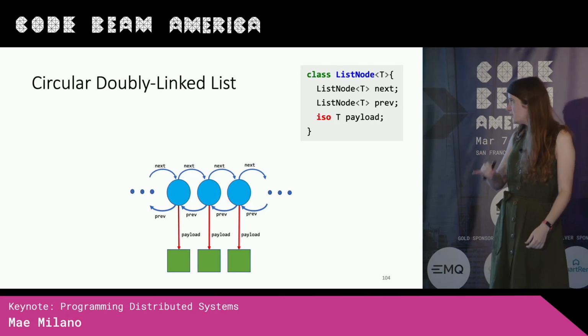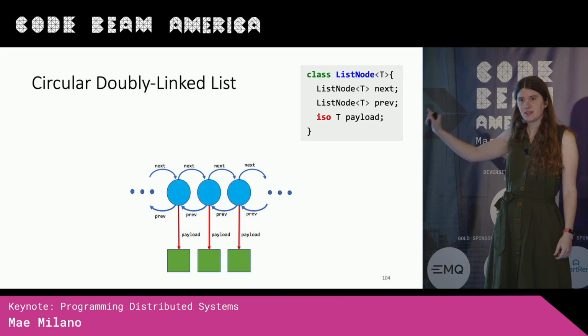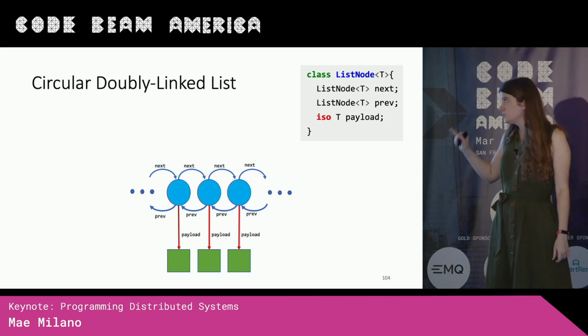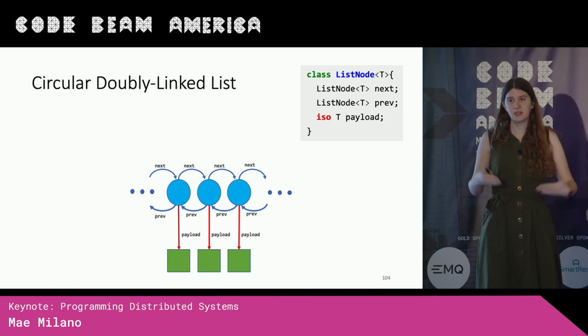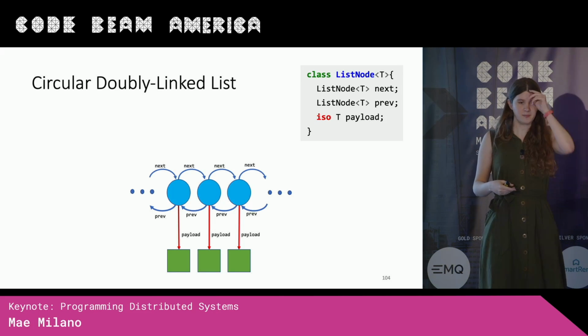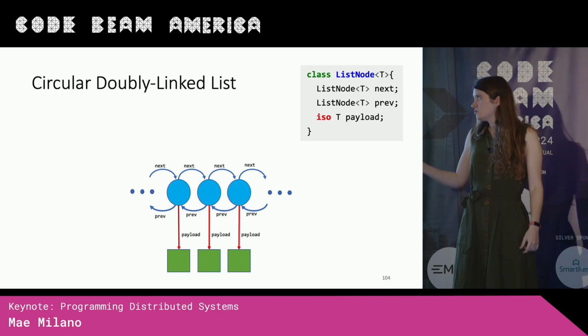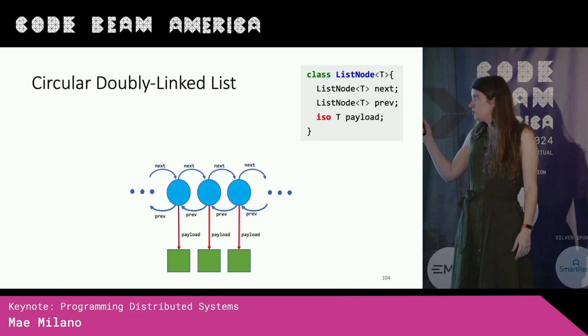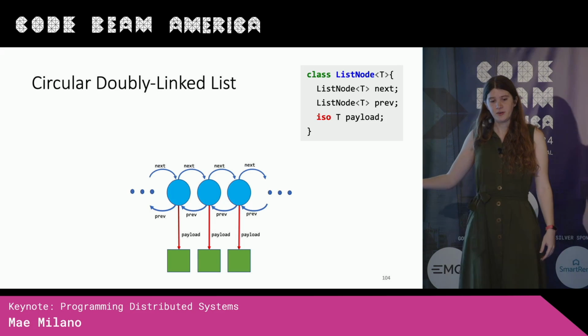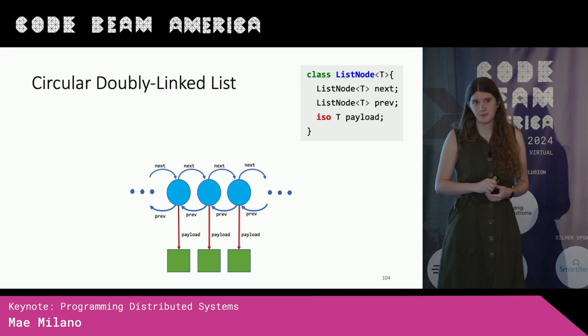And this individual payload has the one keyword on it, this iso keyword. Iso here stands for isolated. It means that there's only one reference that can point into the abstraction on that line. In other words, there's no other red arrows secretly not illustrated that can point into the green box. There's only one way to get there, and it's through the red arrow from the individual list node position.